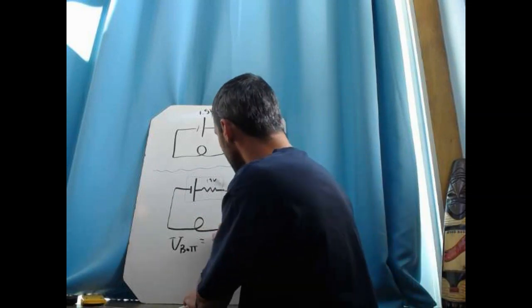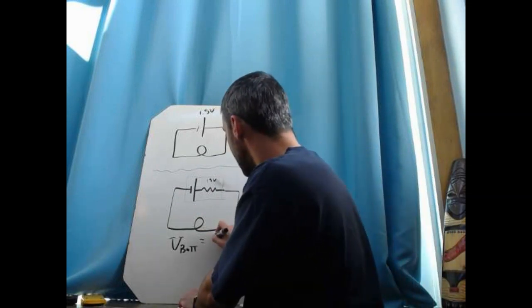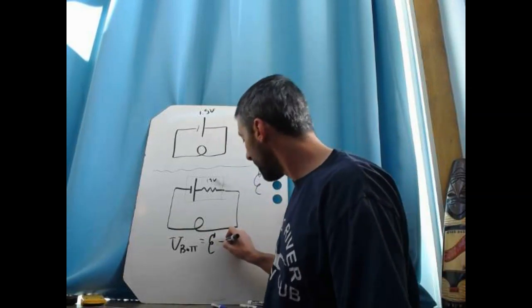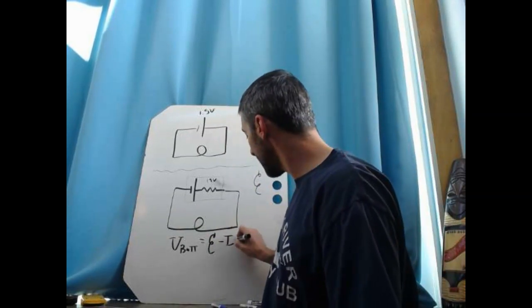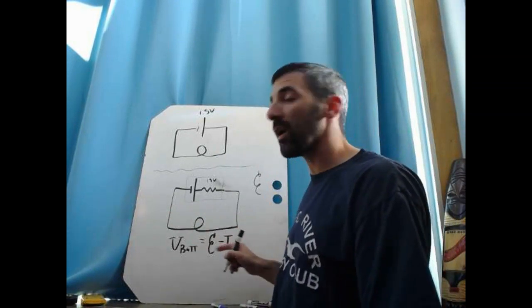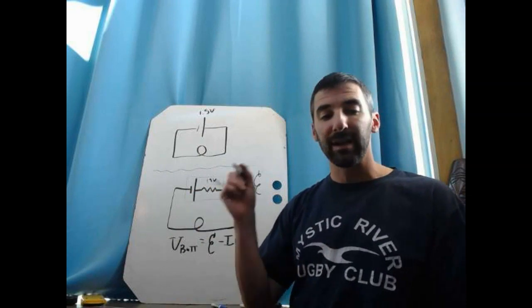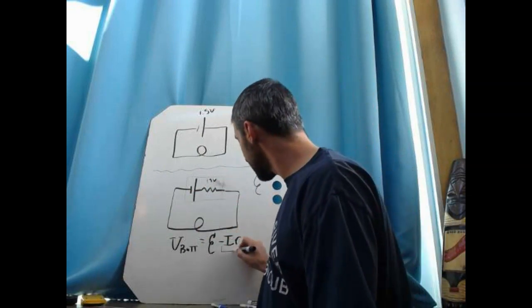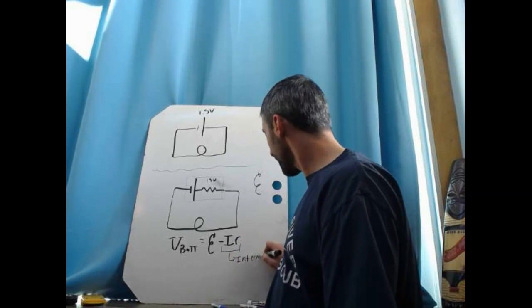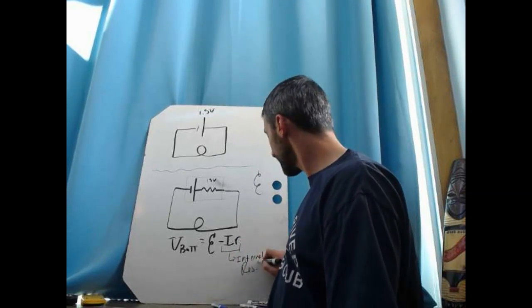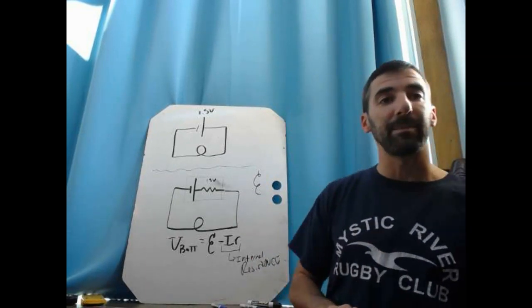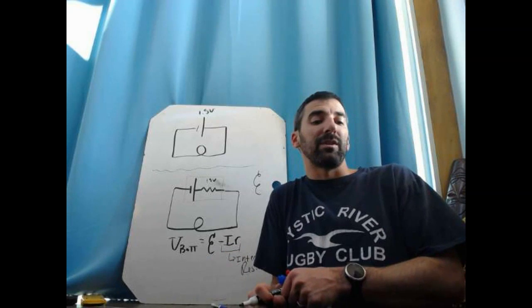So my battery voltage is going to be this EMF that I just defined minus I times R, where I is the current and R is the resistance of the battery. Now, this is our internal resistance. Sorry, that is very sloppy. That is my internal resistance.